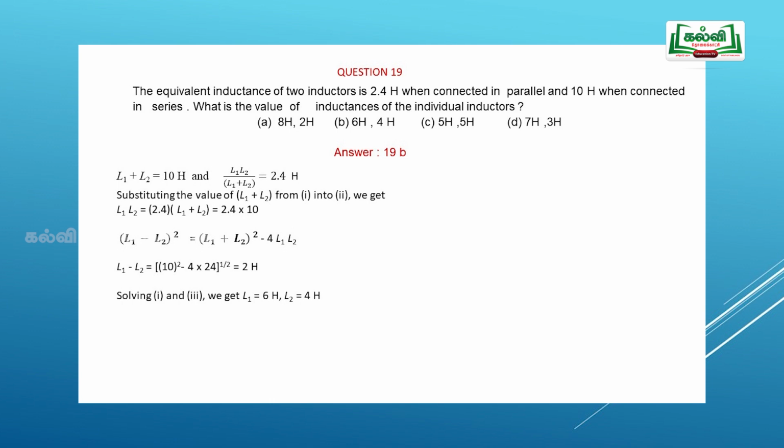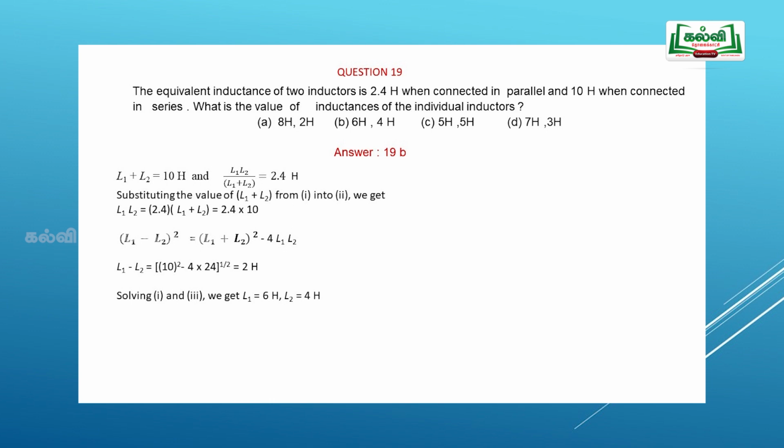Now coming to inductor, E is equal to L di by dt. Here you have voltage, that is why I take this formula. E is voltage, L di by dt. So E is equal to L. One important point to note: V is equal to IR. How is V related to R? Directly proportional to R. Q is equal to CV. How is V related to C?